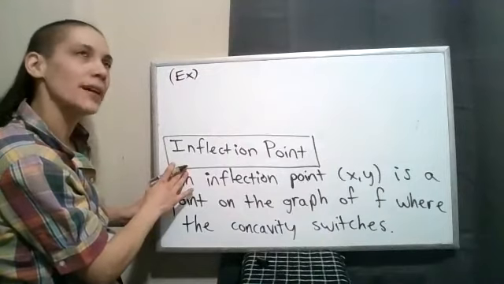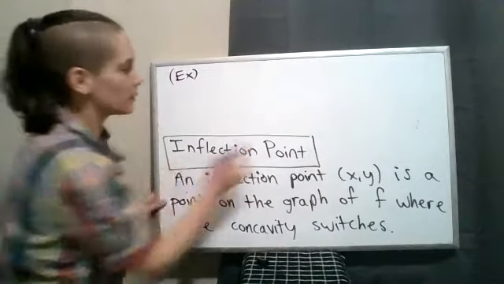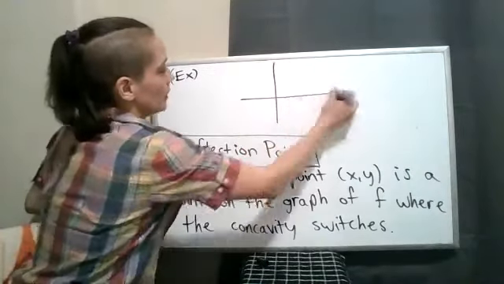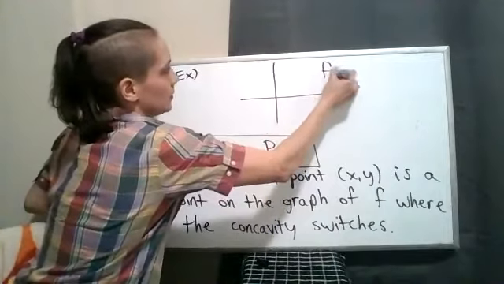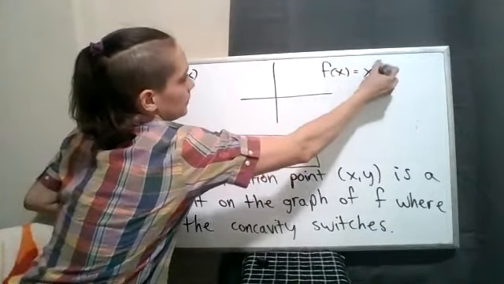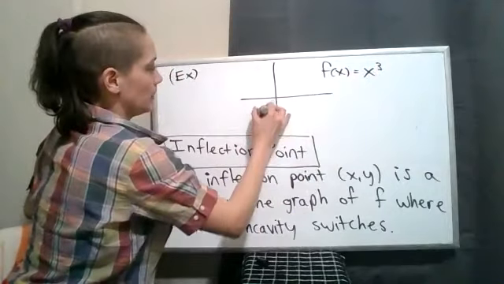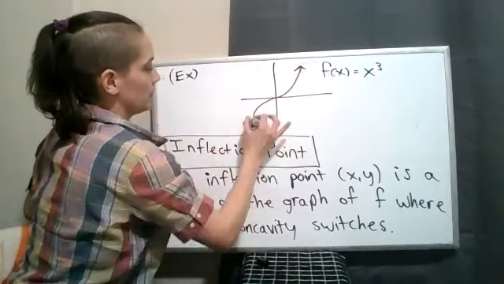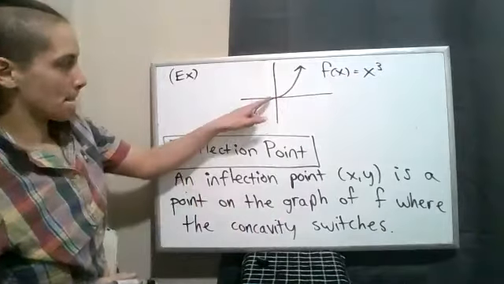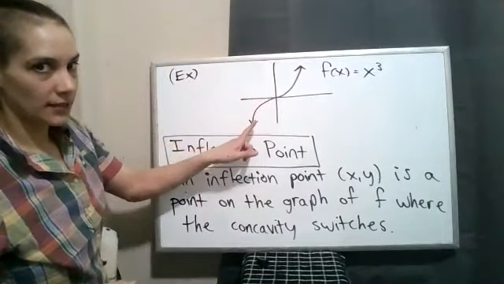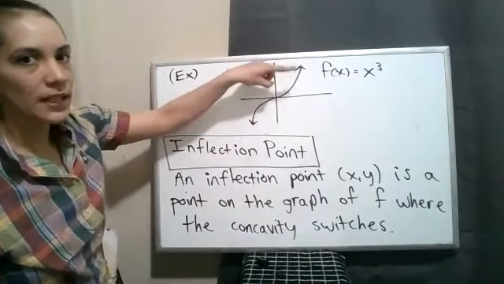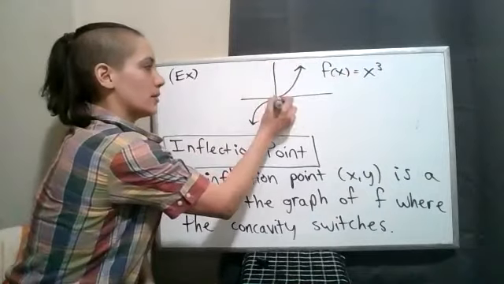Let's graph y equals x cubed. You can come up and then flatten out and go back up. From here to here is concave down. From there to there would be concave up. And we have an inflection point at x equals 0.